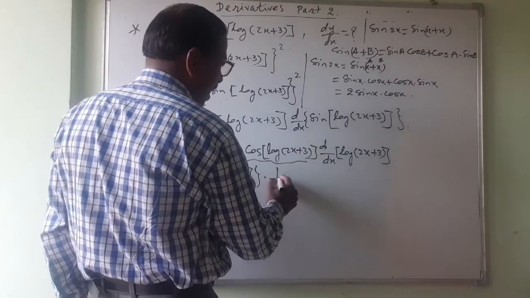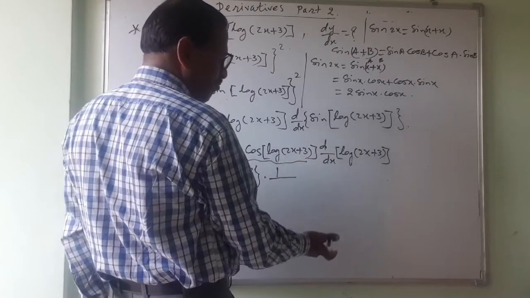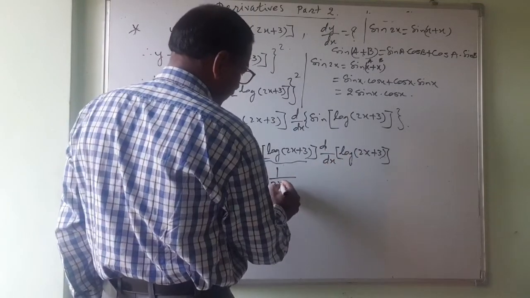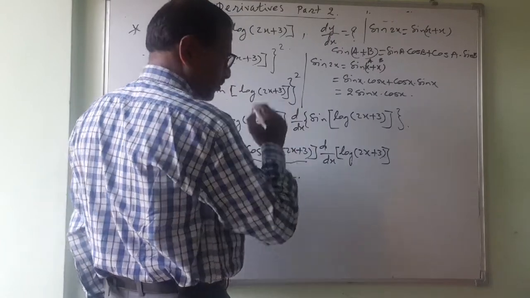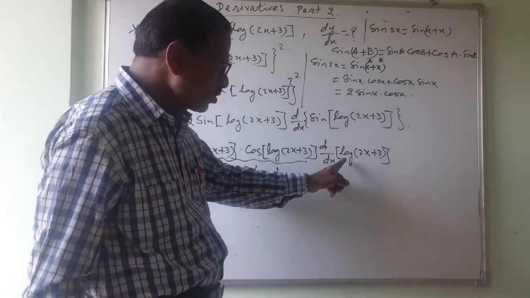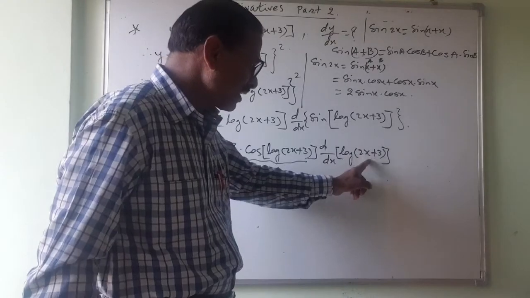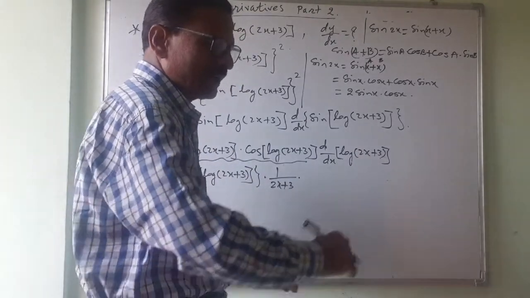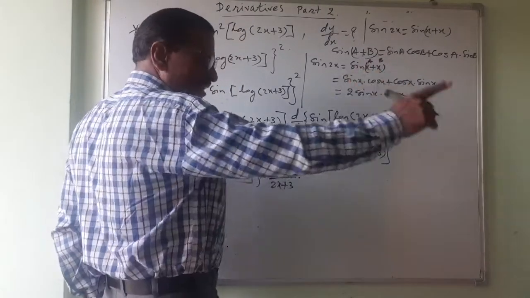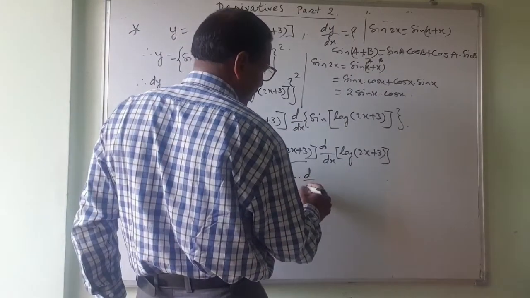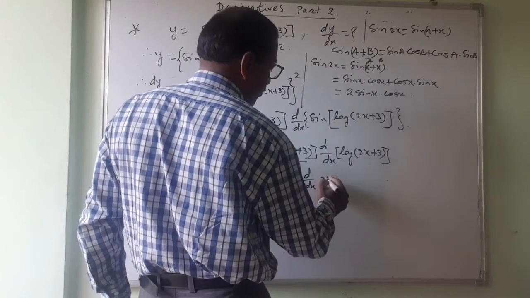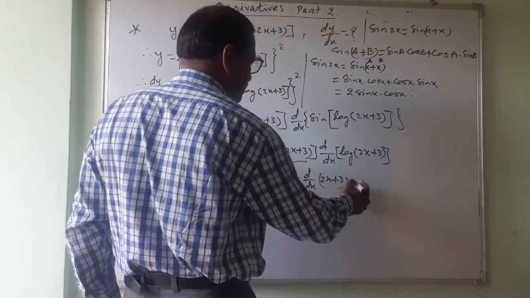Derivative of log is 1 upon, 1 upon what? 2x plus 3, into, now of this log I have taken. Now I have to take the derivative of this, meaning I have to go till the last function while taking the derivative: d by dx of 2x plus 3.